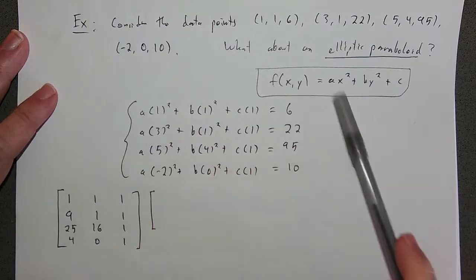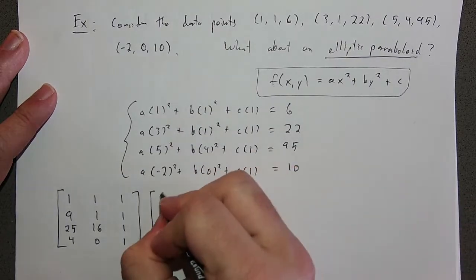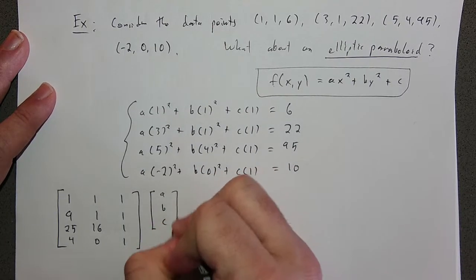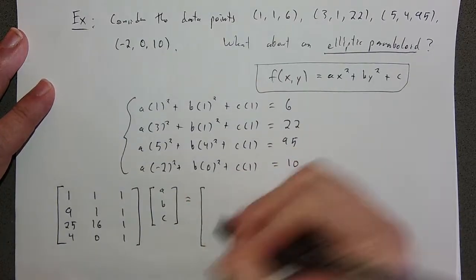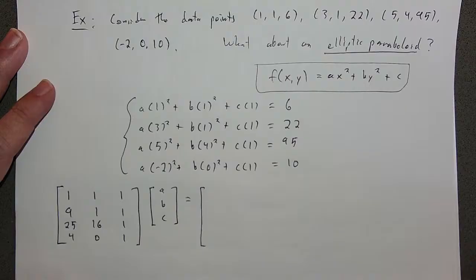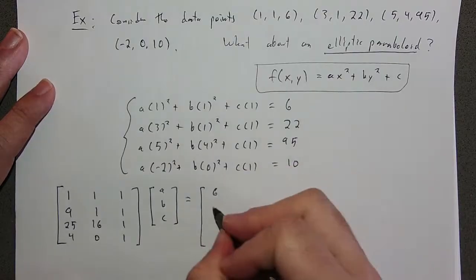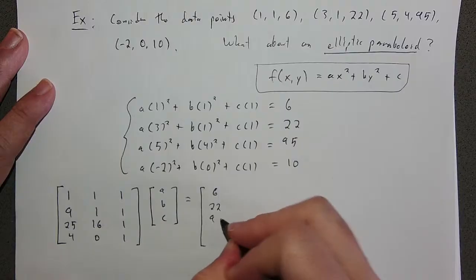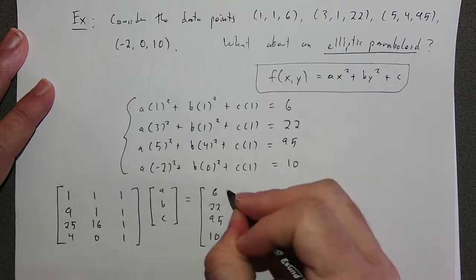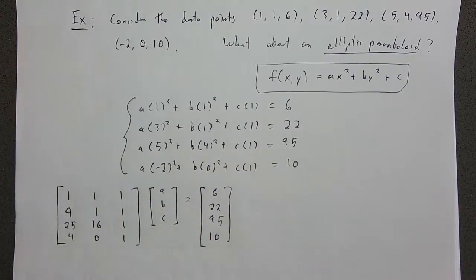Times the coefficients a, b, and c. That is equal to the right-hand side vector that contains these y values, or z values in this case, 6, 22, 95, 10. Okay, so this is my matrix equation.